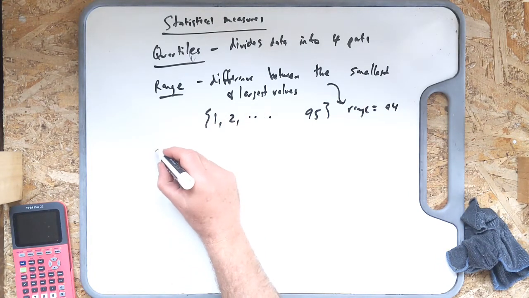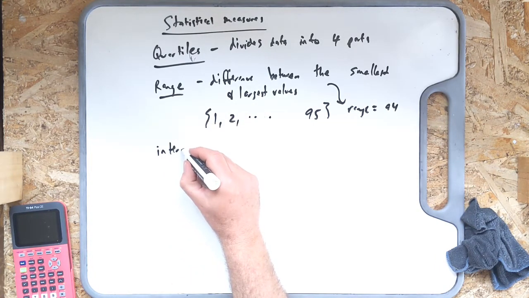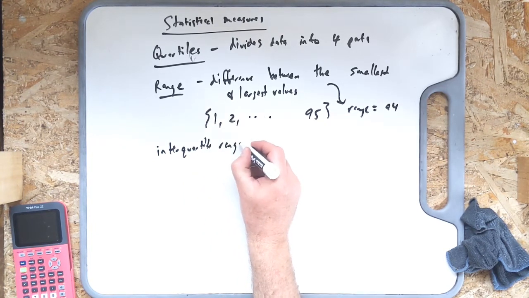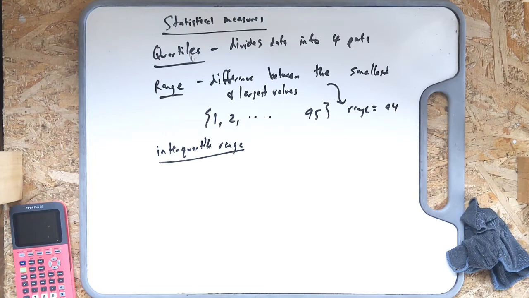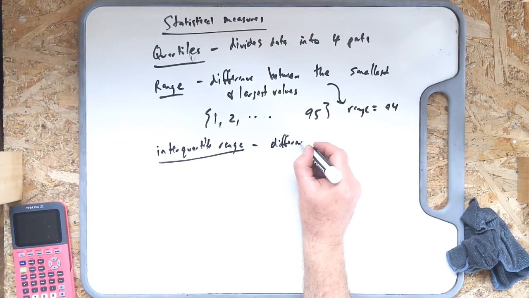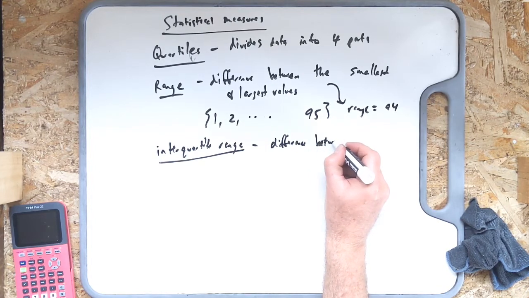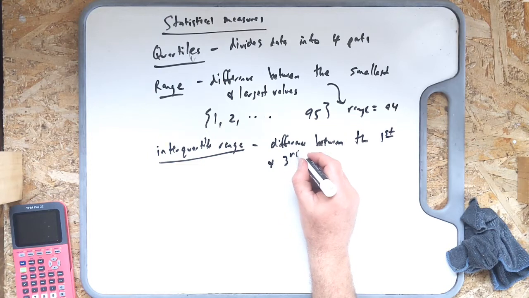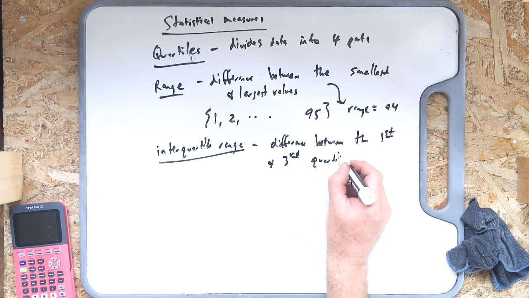But let me give one more definition, which is the interquartile range. The interquartile range is the difference between the first and third quartiles.